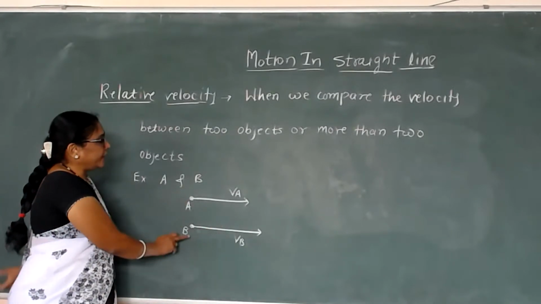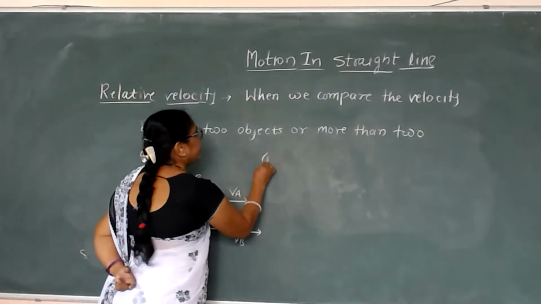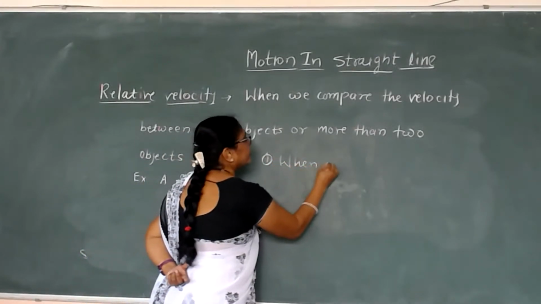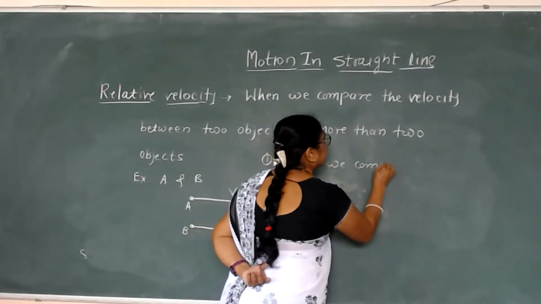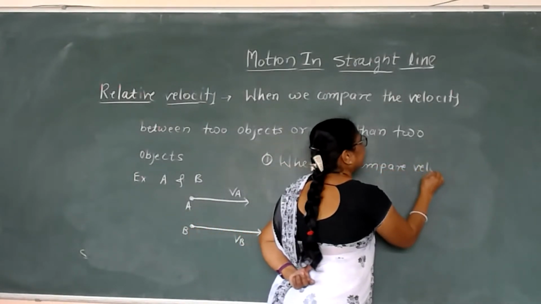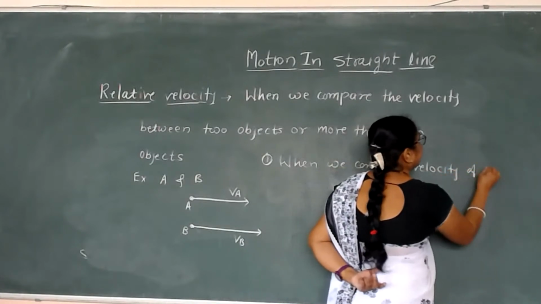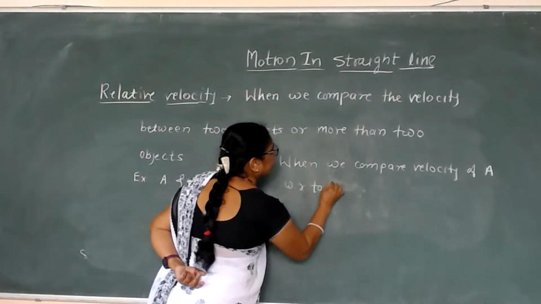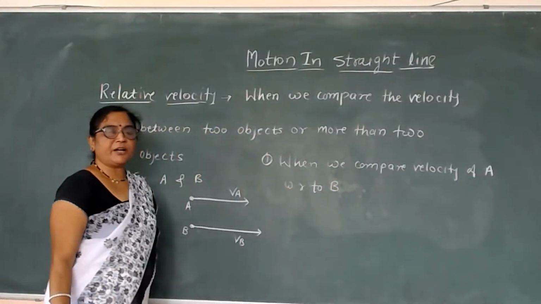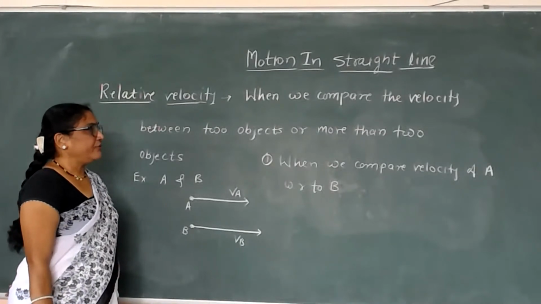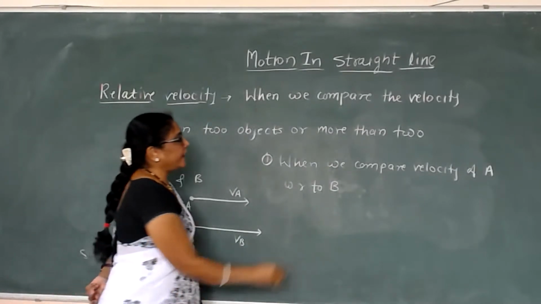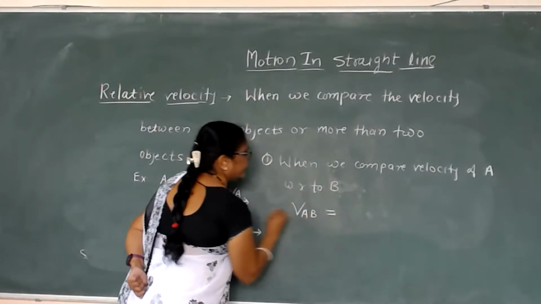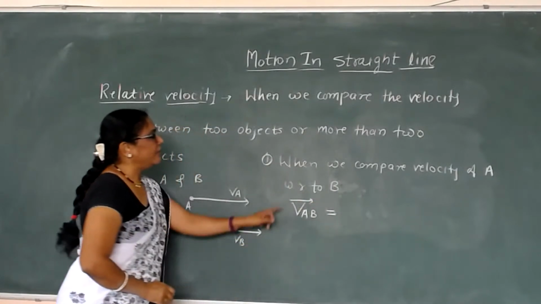So here, first, when we compare the velocity of A with respect to B, we write VAB. Velocity is a vector.